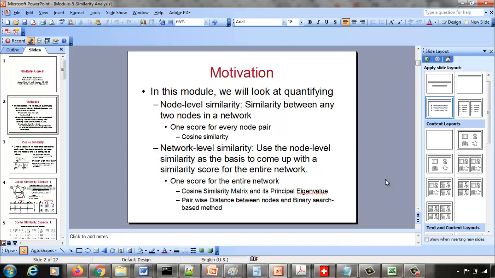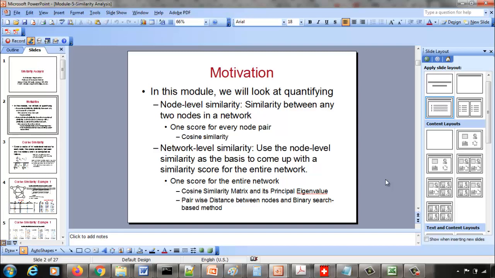One is we'll extend the pairwise cosine similarity measure that we get from the node level approach, and build a matrix called the cosine similarity matrix, and then compute what is called its principal eigenvalue. Some people may not be familiar with it, so I'll leave it as it is here. We'll look at the eigenvalue and things in detail in a later video.